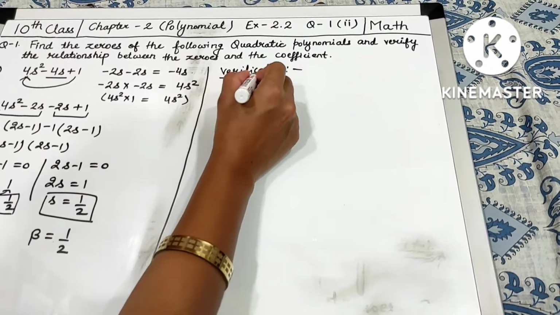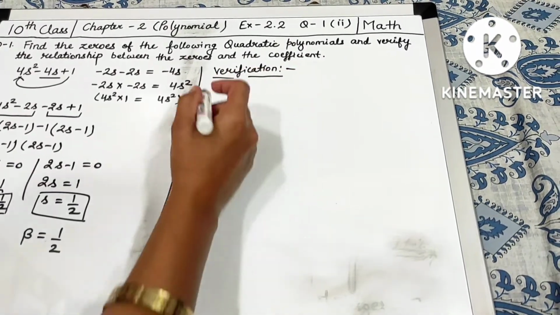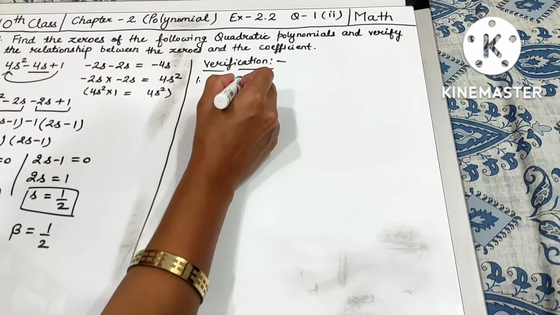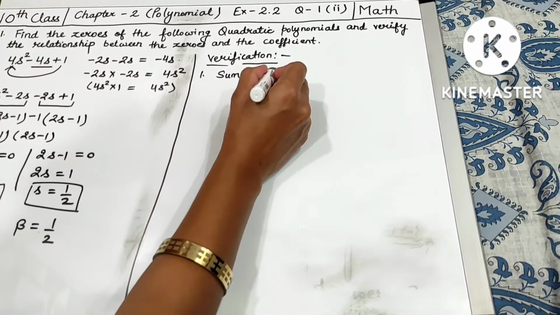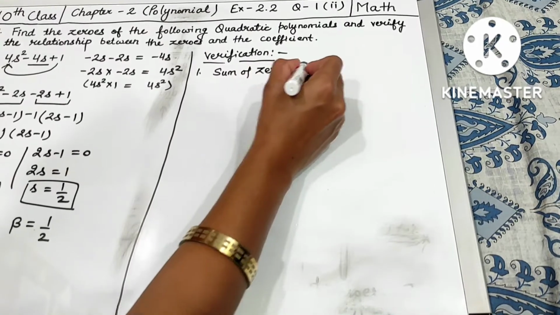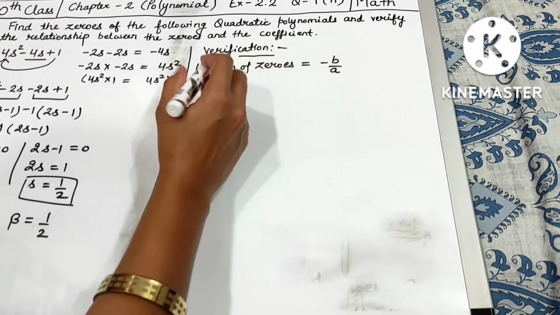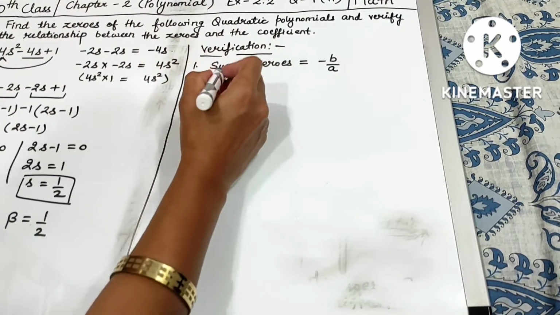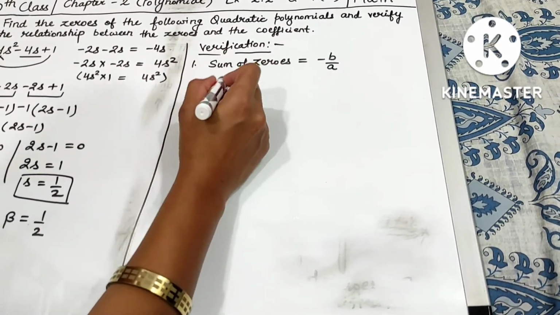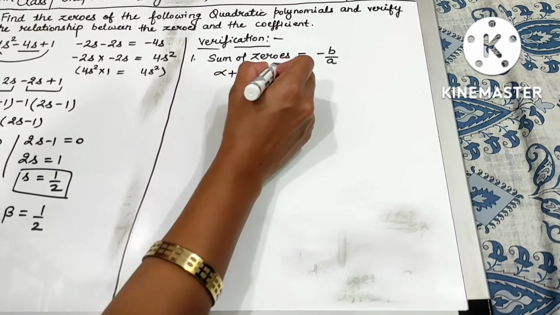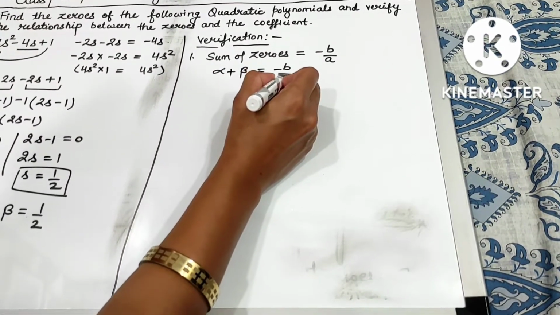For verification there are two rules. First is sum of zeros is equal to minus b by a. Sum means student, add karna. Like we will add the zeros, alpha plus beta is equal to minus b by a.